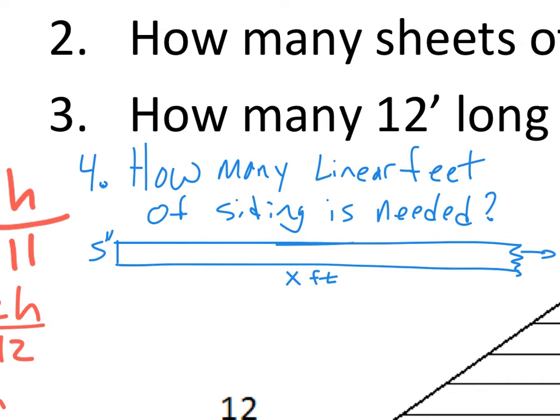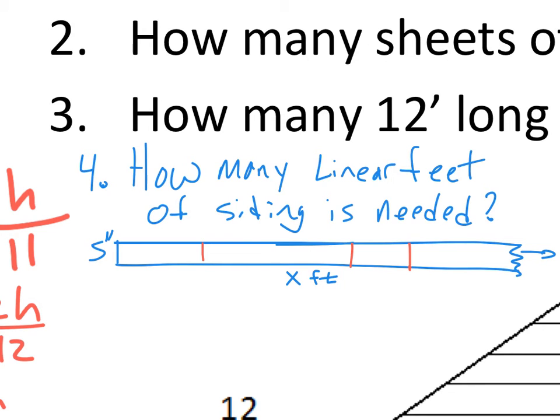Okay? Well, to figure this out, we need to say this. So the area of this long rectangle. Now, really, it's not going to be a rectangle. Really, it's going to be a bunch of pieces that if we put them end to end, they'd be different sized boards. But we have this real long rectangle, all right? And we want to make sure that we have enough area in all those pieces to cover the side of the house.